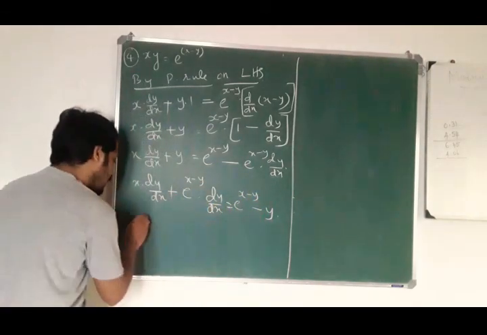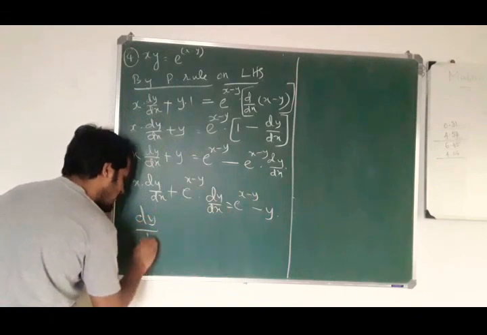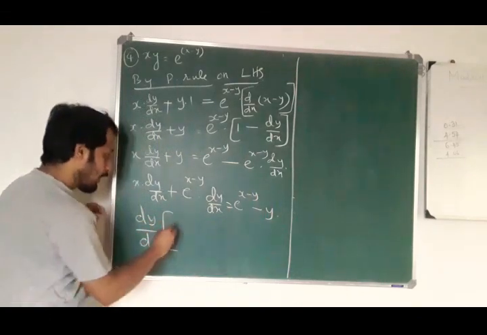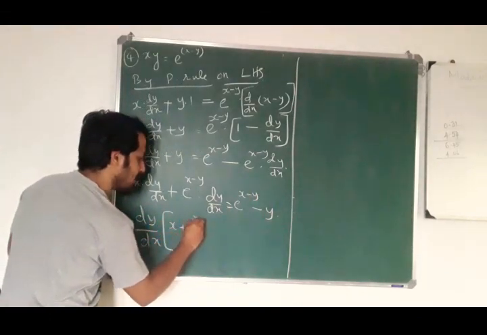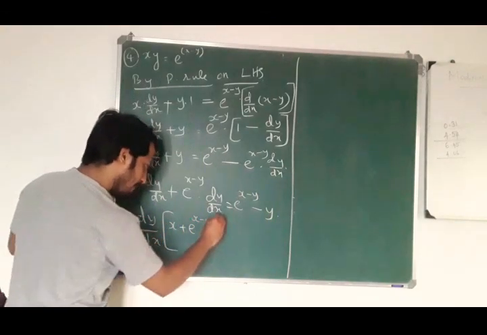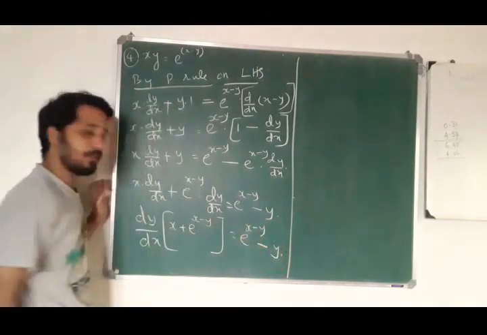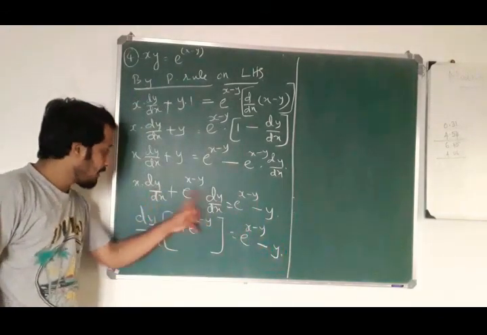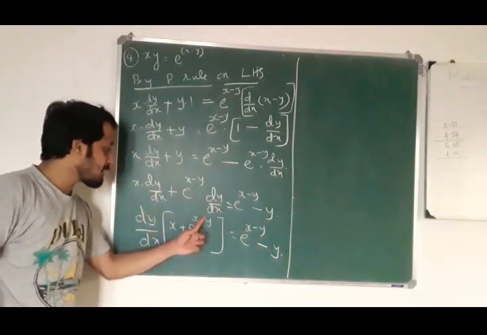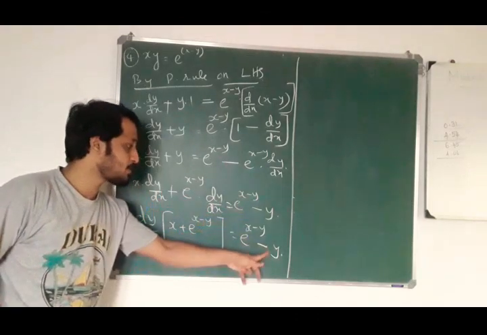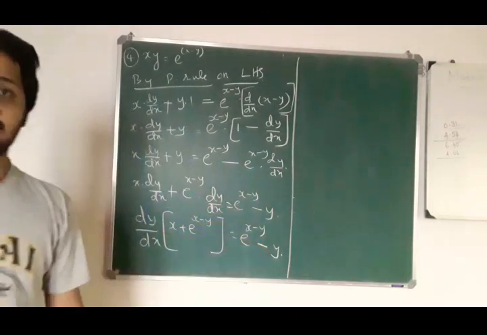Yes or no? So from this, if I take dy by dx common outside, you will get x plus e power x minus y, is equal to e power x minus y minus y. Is it clear?